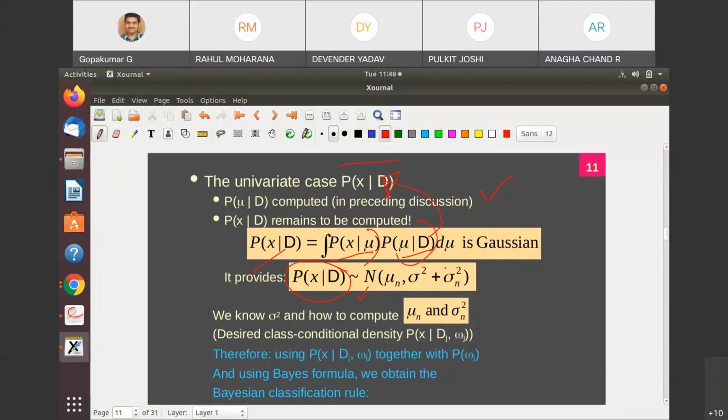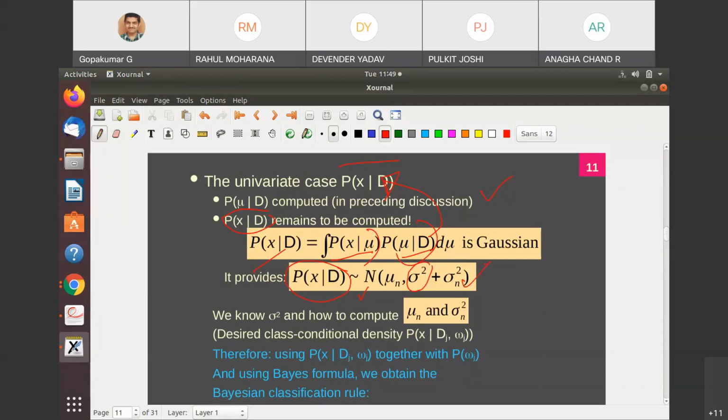So suppose sigma square is the original variance that we look for in probability of x given t, but as we have already taken another probability distribution for probability of mu given t, there is a variance there, in the form of sigma n square.